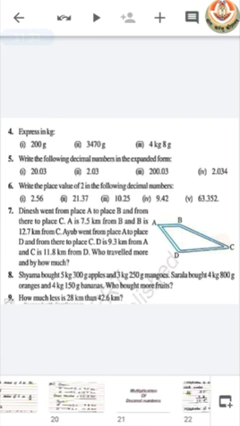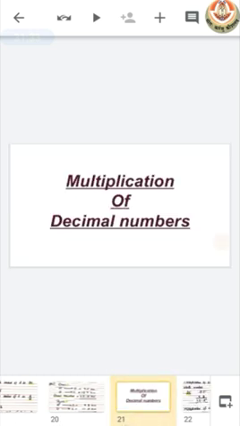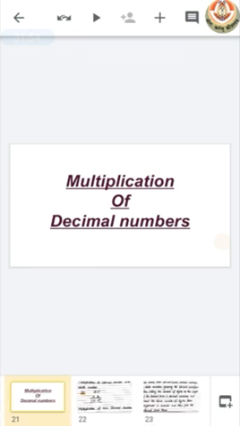Now let's move on to another part of today's class, which is multiplication of decimal numbers. So far, we have learned what a decimal number is and how we can solve different questions related to decimal numbers. Now we will learn how we can multiply decimal numbers.